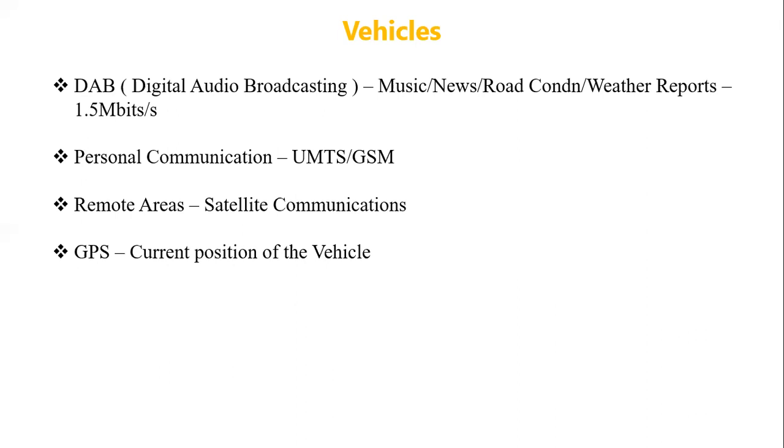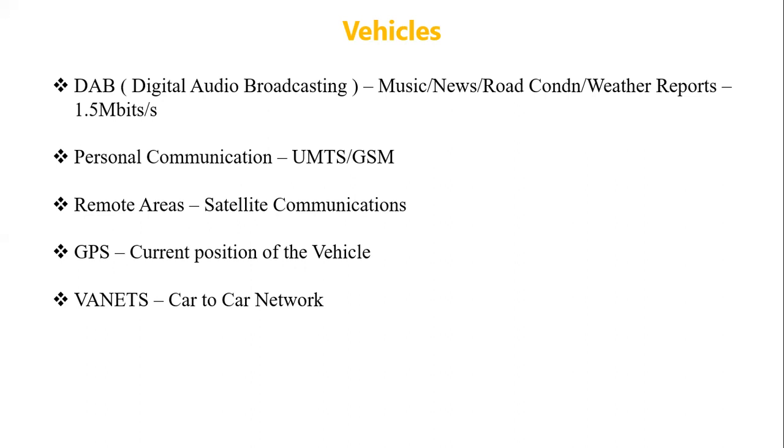Also cars would be able to communicate with each other by using a technology called VANET, vehicular ad hoc networks, where different vehicles traveling on the road will be able to communicate with each other and exchange traffic patterns. By that, the vehicle will understand which route is having lesser traffic and which route is having more traffic, and which route they should take.